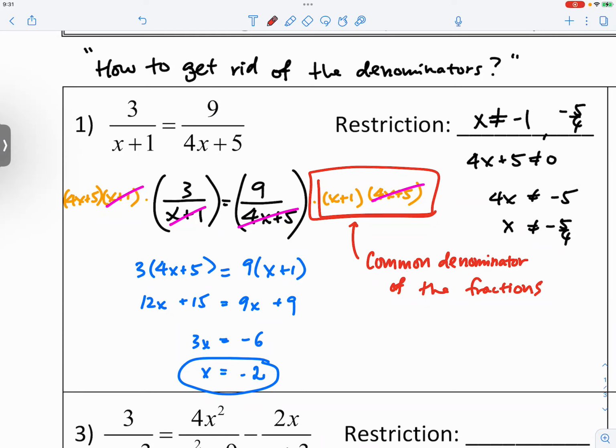Good. So we're going to ask this question again and again. What would be the common denominator that you will be multiplying on both sides? So if you're good with this, let's move on to number 2.